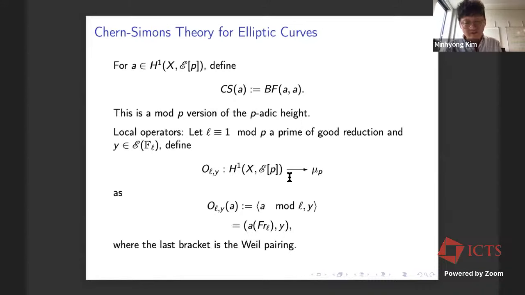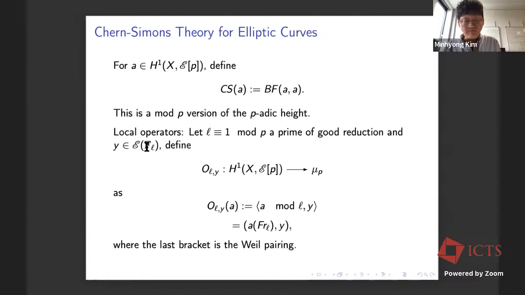How do you do it? It's the same kind of thing as before. You take some A in here, reduce mod L, and then take the pairing with Y, considered as an H1 class, which, for example, you can do by choosing a cocycle representative, evaluating under Frobenius, and pairing with Y. So this way, you get something that really looks very much like a Wilson loop operator in a slightly different context, for this space of principal bundles for this finite group scheme.